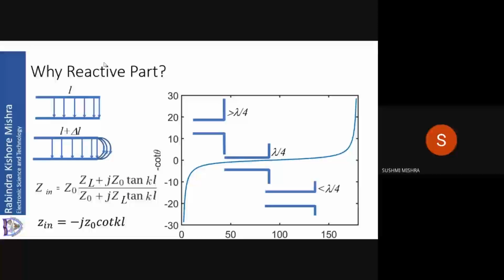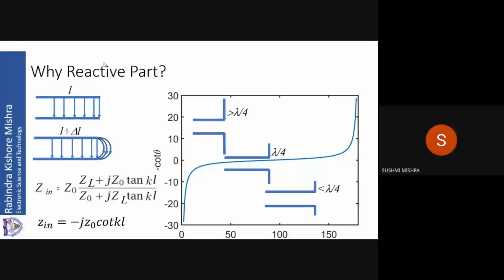If it is less than lambda by 4, Zin is negative, as you can see from this curve. So when the length of the antenna is less than lambda by 4, which is the bottom part, Zin is negative.